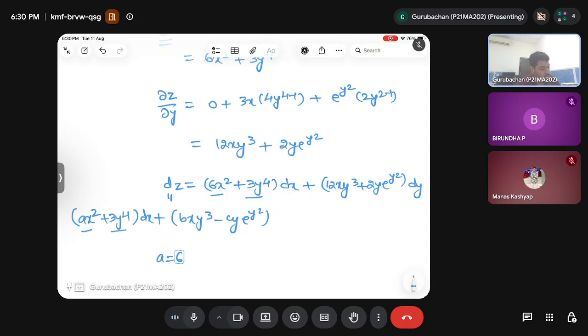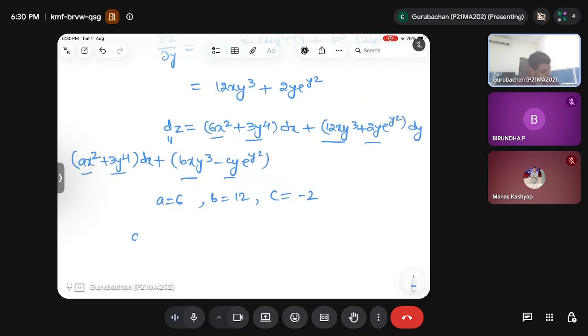The second term, you can see both are equal. In the third term, b should be 12 and c should be minus 2. So when you calculate a times c plus b, this will be minus 12 plus 12, and your answer will be 0. I hope this is not that difficult.